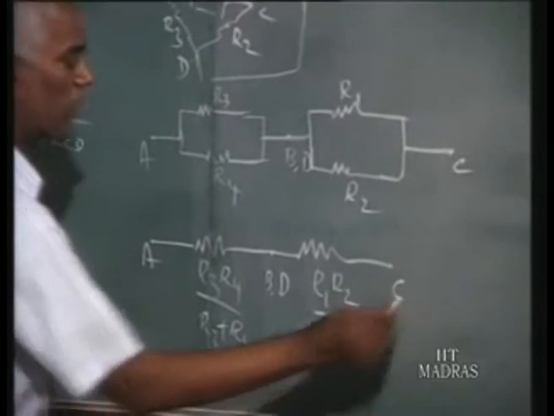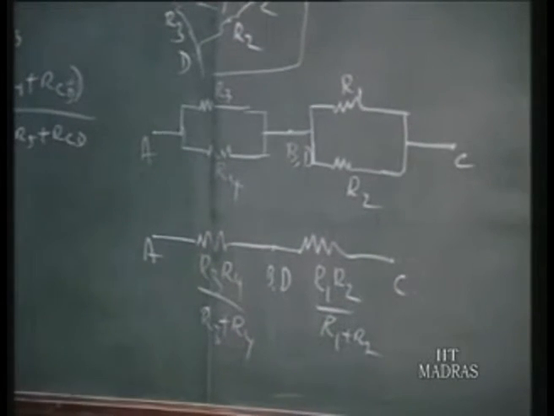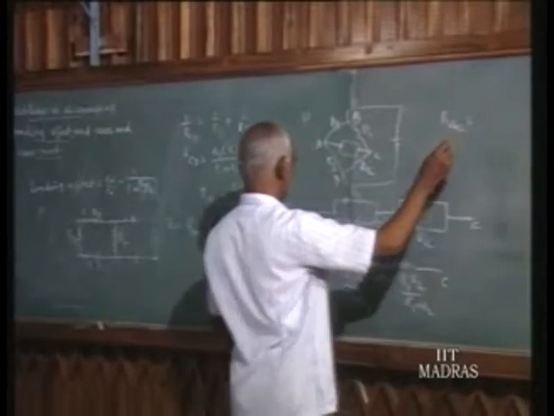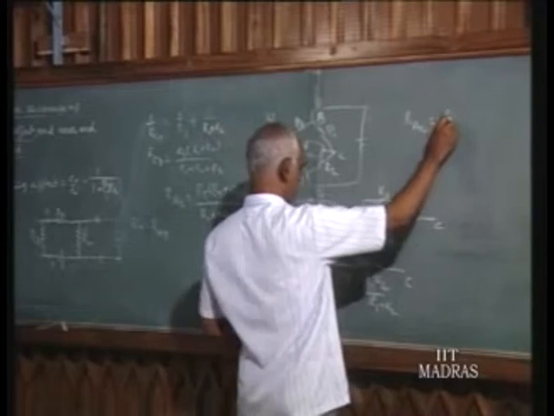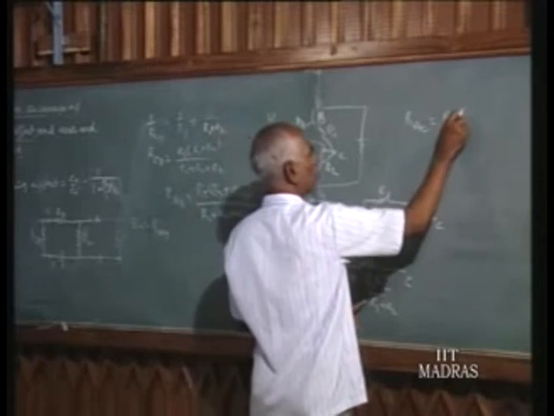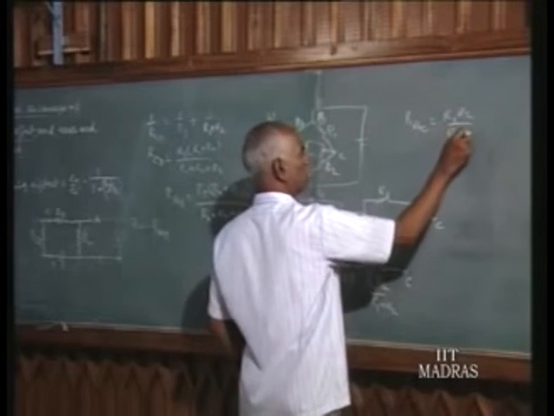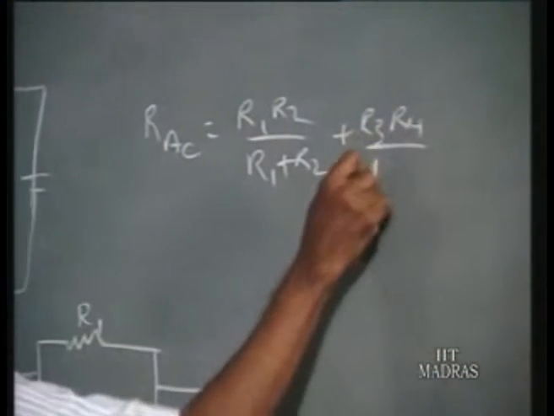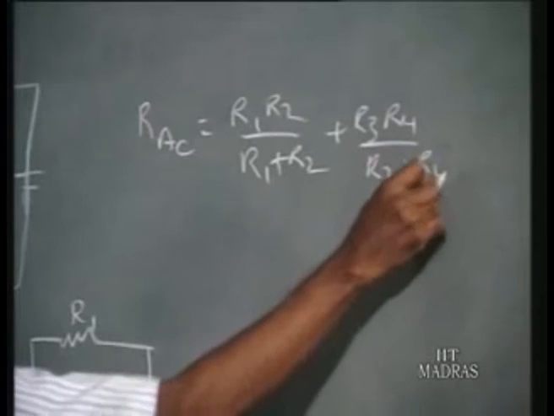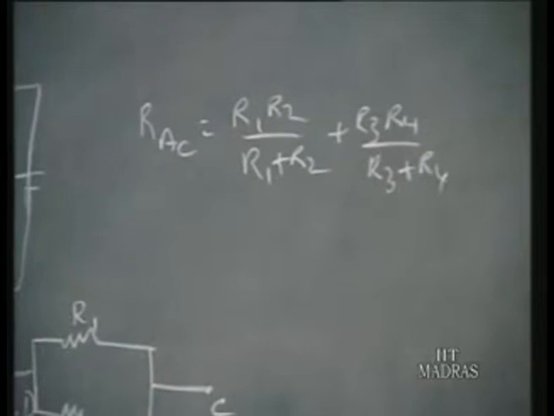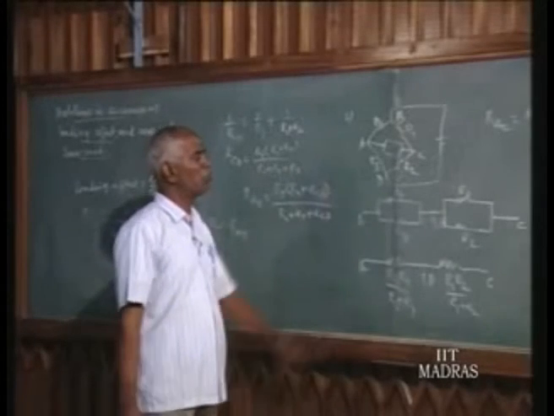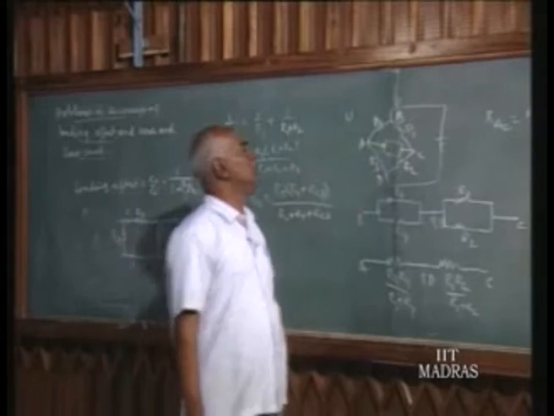We have reached this point C. So now total resistance RAC is equal to R1 R2 by R1 plus R2 plus R3 R4 by R3 plus R4. Now this is the equivalent resistance of the bridge circuit across AC, where we are going to connect our voltmeter, the voltage output voltmeter.